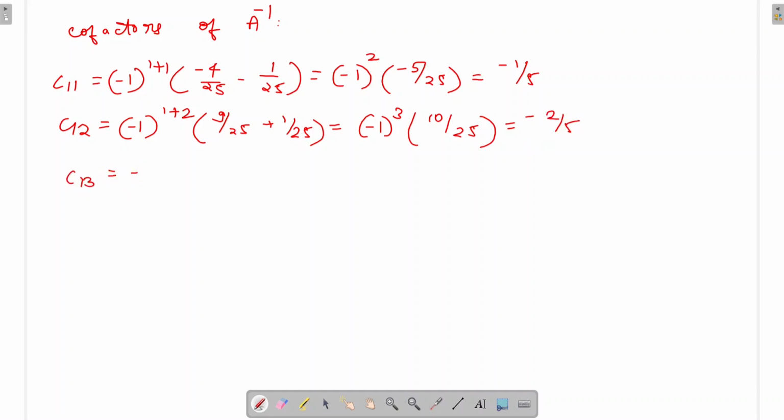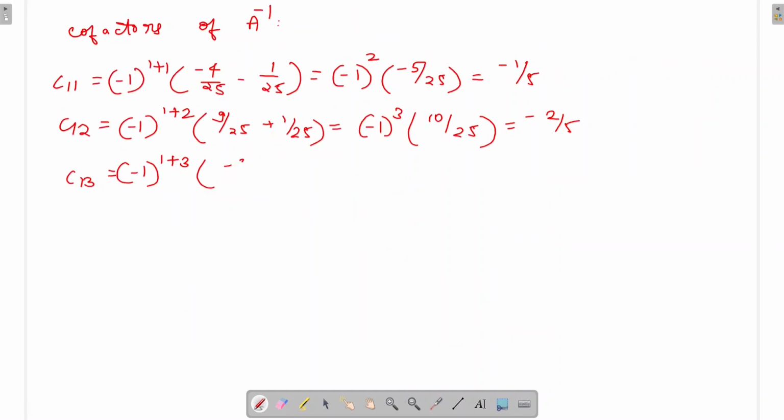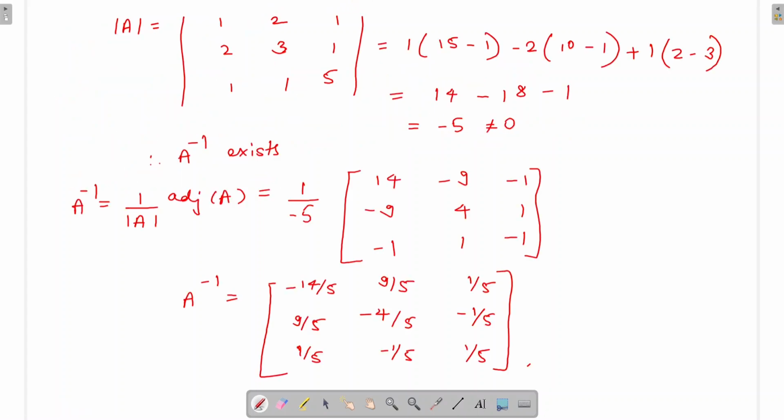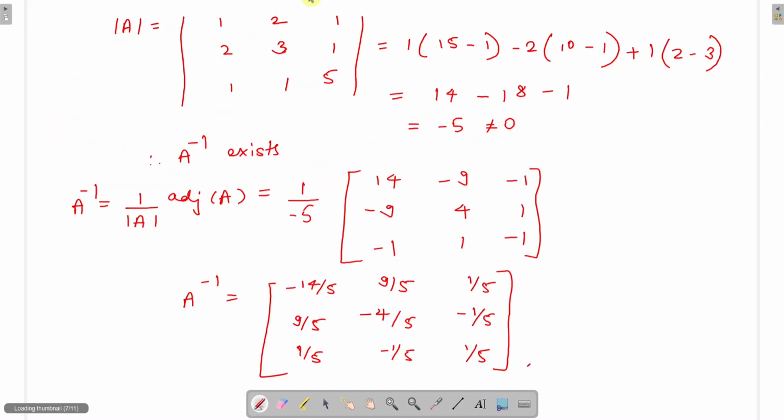Then C13 is minus 1 raised to 1 plus 3 times minus 9 by 25 plus 4 by 25, which is nothing but minus 1 raised to 4 times minus 5 by 25, which is minus 1 by 5. Then C21, which is minus 1 raised to 2 plus 1. So second row, first column we have to delete. 9 by 25.